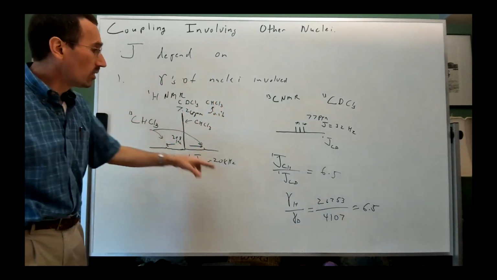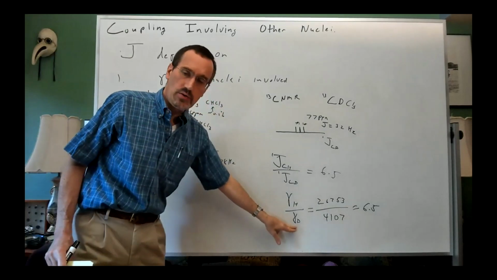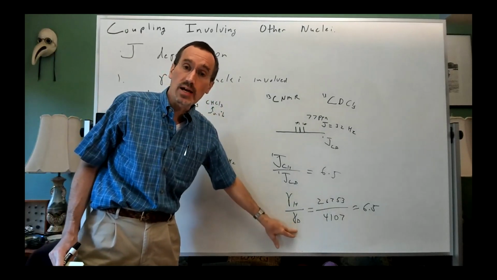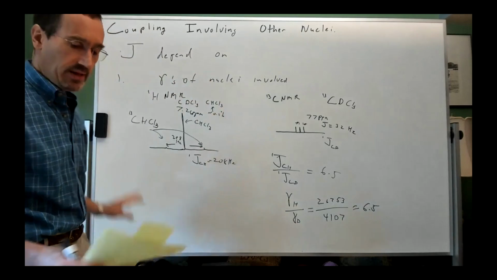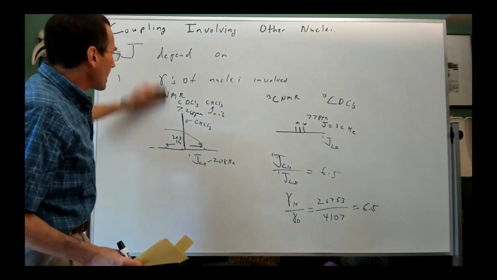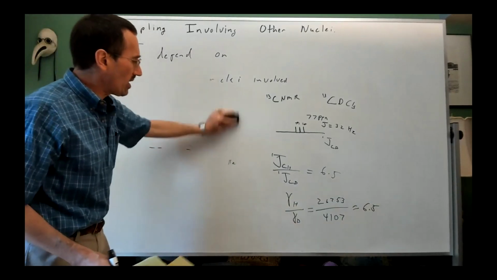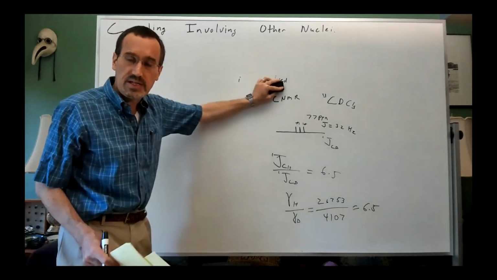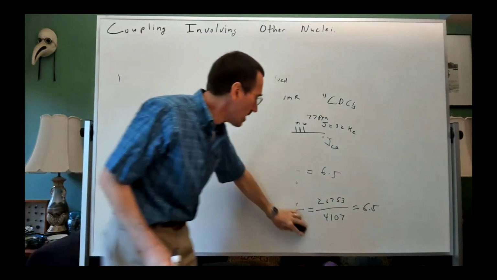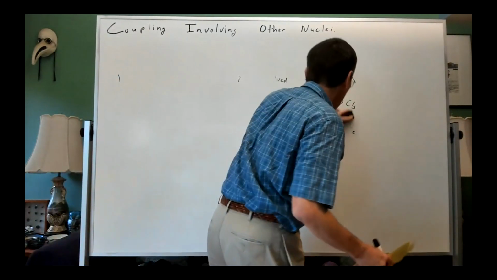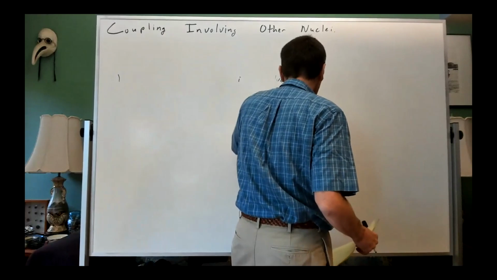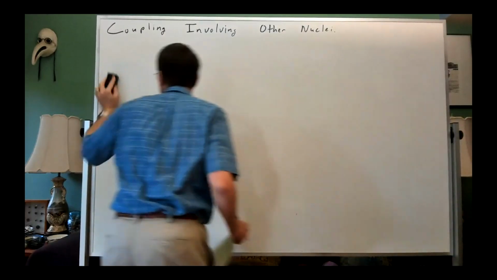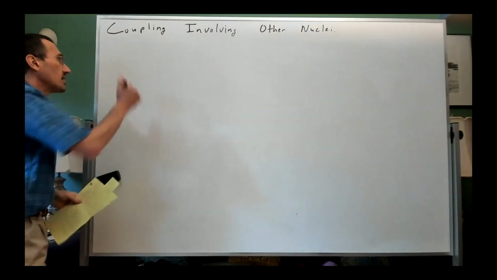A very low magnetogyric ratio nucleus gives rise in general to smaller coupling constants. But of course, here we are figuratively comparing apples and apples, because we're comparing protons and deuterons, two isotopes that have the same type of bonding.